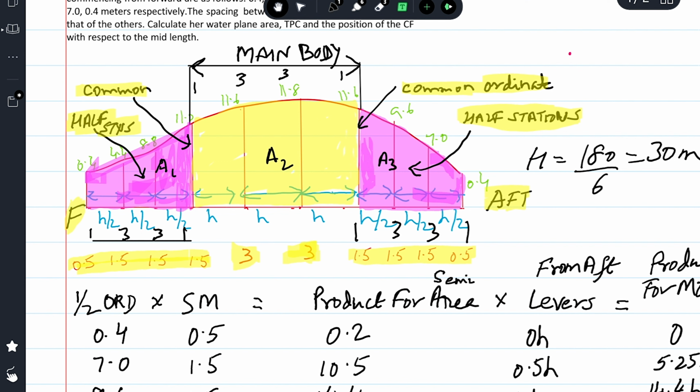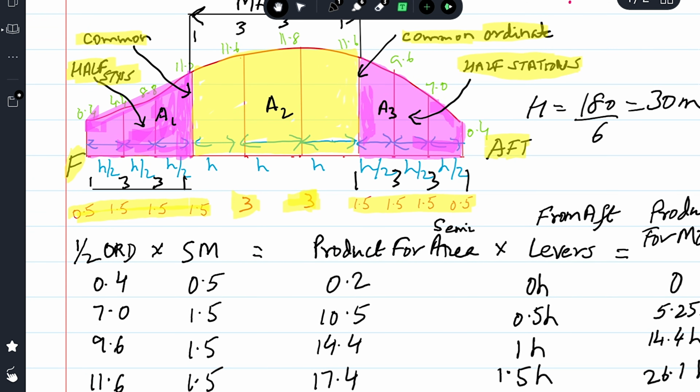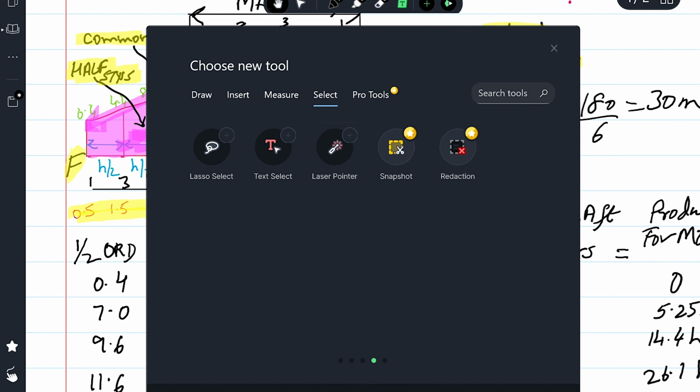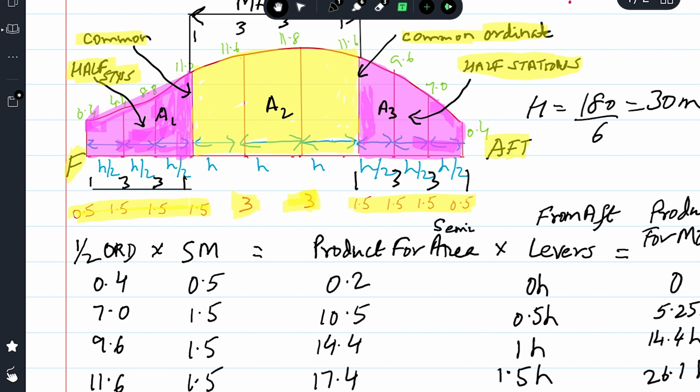For the solution, it's up to you. You can write from forward or you can write from aft. Okay, I've written from aft. First ordinate is 0.4. From aft, Simpson multiplier is 0.5. Then this second one is 7.0, Simpson multiplier is 1.5.